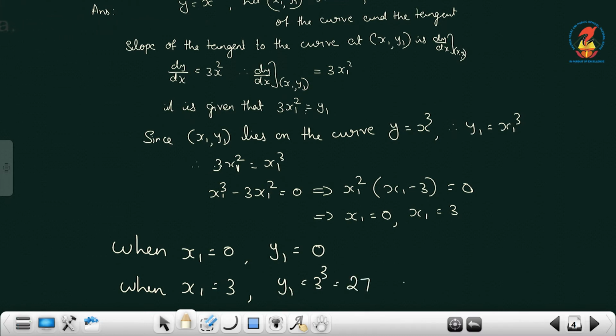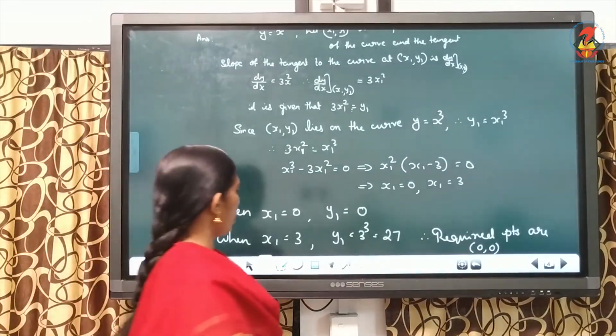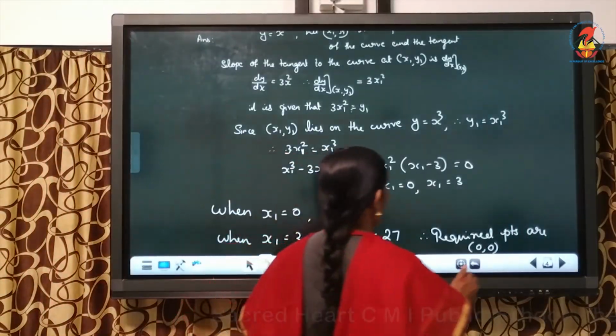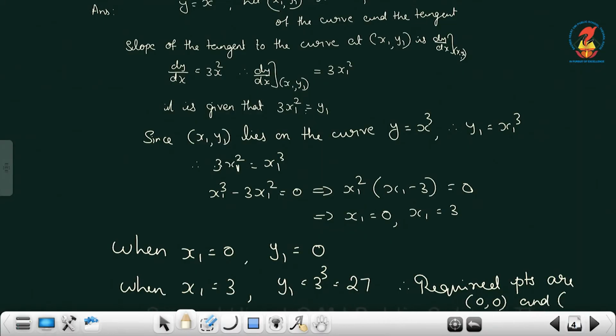So what are the required points? Therefore the required points are: here we get 2 points, that is, the tangent and curve intersect at 2 points. Which 2 points? (0, 0) and (3, 27). Okay.